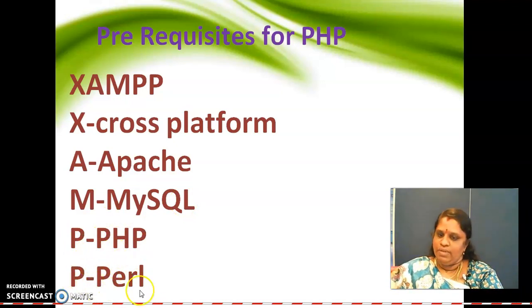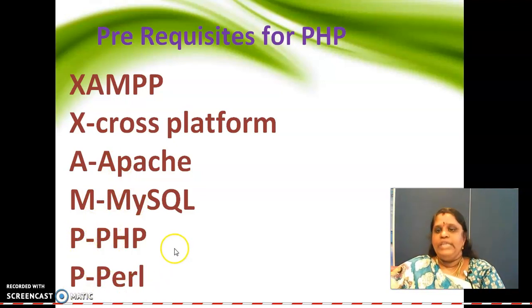Perl is also a server-side language, but it is not used nowadays. X is for cross-platform, it can be used in any sort of operating system. These are all the prerequisites for PHP. Got it?